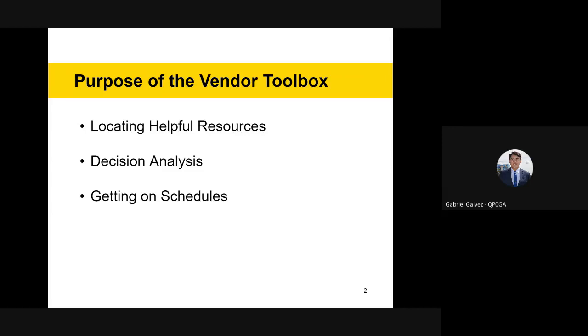Each step, research, analyze, and decide, walks the vendor through a quick overview of GSA's MAS program and helps them decide if now is the right time to submit an offer. Last, the Vendor Toolbox helps prospective vendors by housing the Readiness Assessment, which is a necessary part of the offer process. The Readiness Assessment housed in the Vendor Toolbox is an interactive, online version of the downloadable Readiness Assessment found on the Vendor Toolbox site.